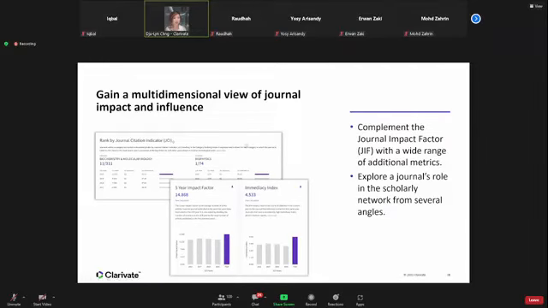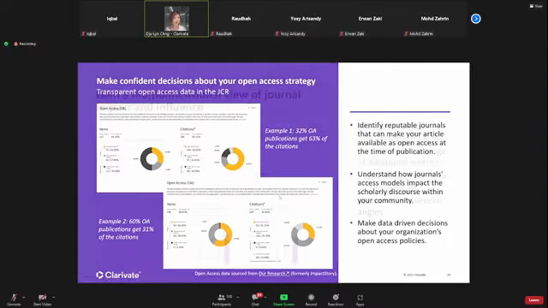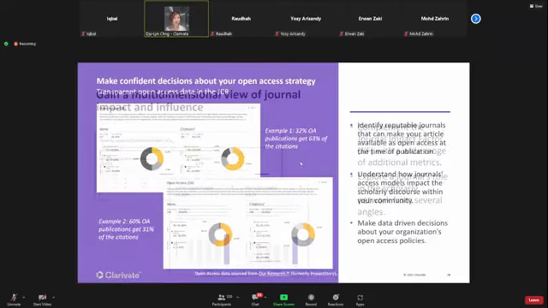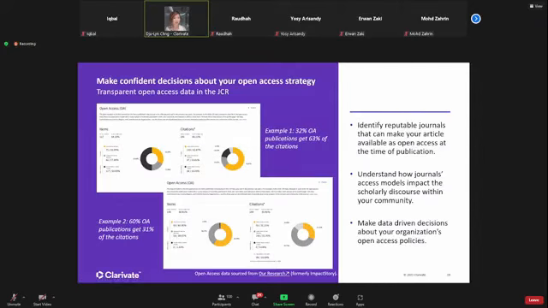All right, so for the next few slides, these are just some screen captures of what you can do on the platform itself, which I will go through in more detail in my walkthrough. And for this one, which is the open access strategy, this could be quite useful for both the library as well as the organization to identify journals where you potentially have to pay a little bit more article processing charges.